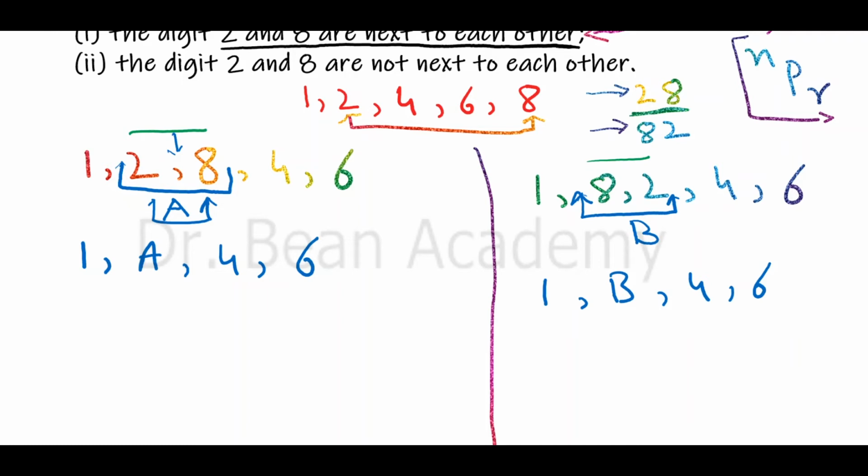So now I am using this formula nPr. So the number of choices is 1, 2, 3 and 4. So I will calculate 4P4, and the size of the permutation is 4.